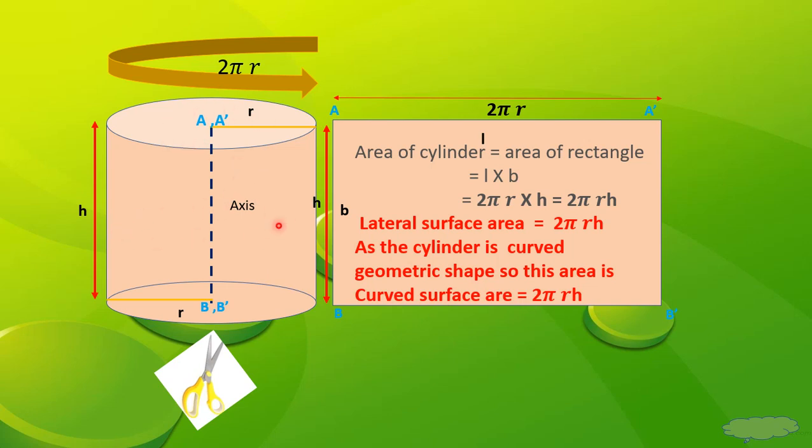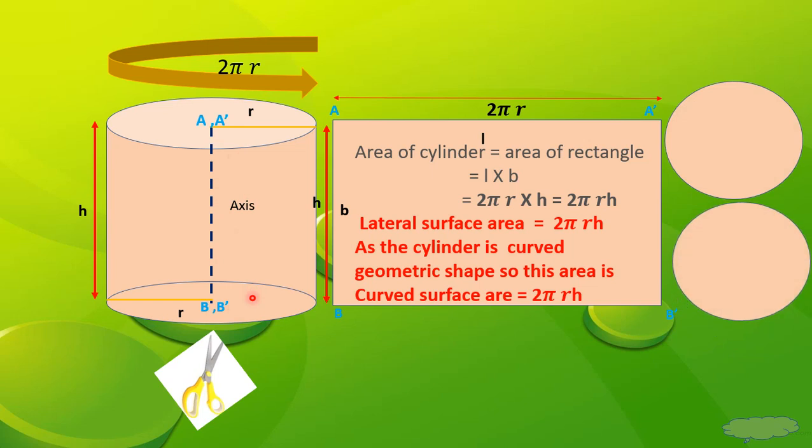Now when we talk about the curved surface area, we are considering only the surrounding part of the cylinder. Now what about these two circular ends? When we add these two circular ends, then it is the total area of the cylinder. So the total surface area of the cylinder is the lateral surface area plus the area of two circular ends, and it is equal to 2 pi r h plus 2 pi r square.